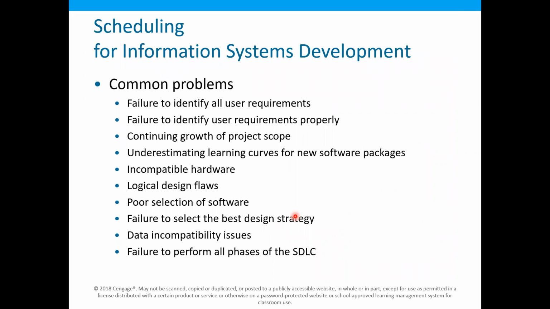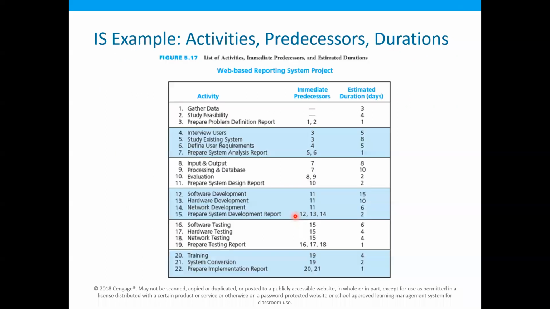Okay, scheduling for information systems development. Maybe you can read along these slides, and also the relevant part of the chapter. This is the example for the information system development project, and how the scheduling was done on that project.